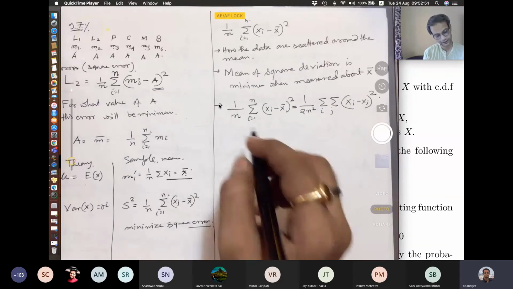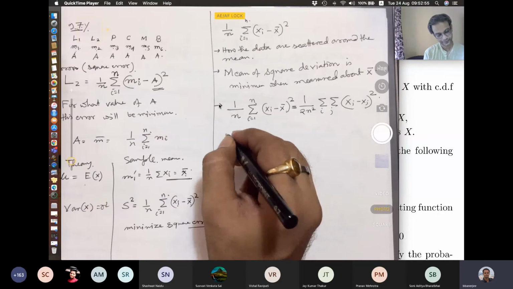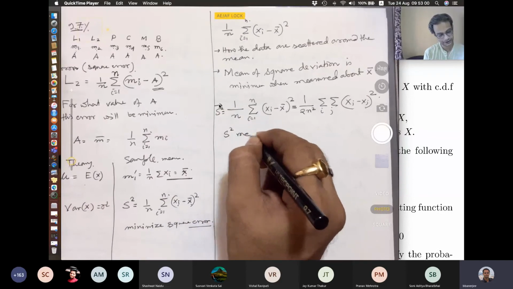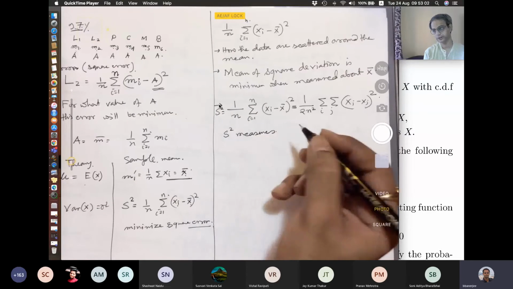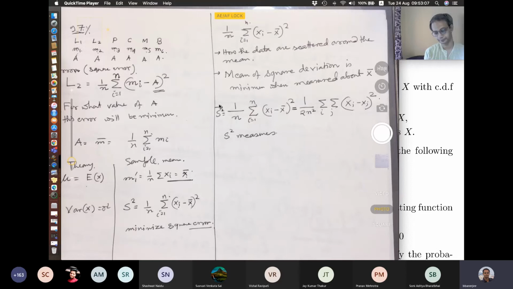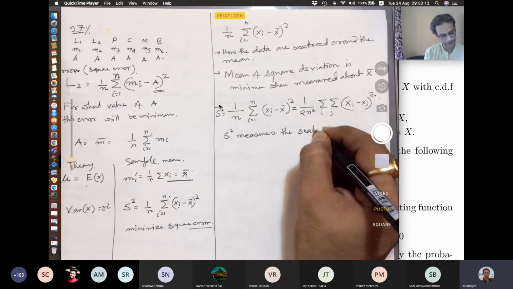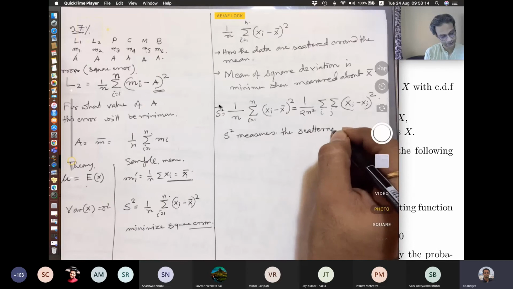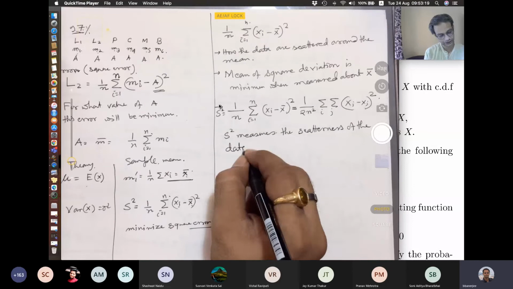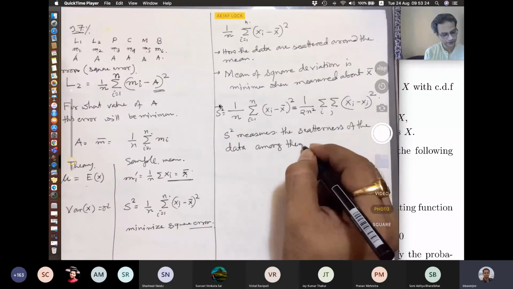And the interpretation from here is that this is also a measure of the scatterness of the data among themselves.